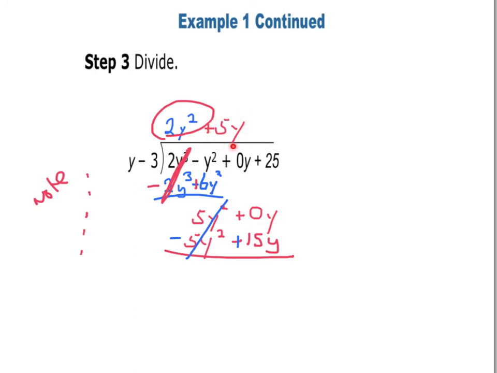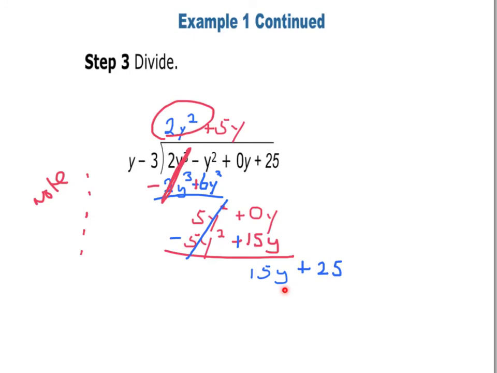Okay, so now 0 plus 15y gives you 15y. Now I'm going to bring down this 25 right here. So let's bring it down. So plus 25. And then now we have to do it one more time. What times y would give me 15y?